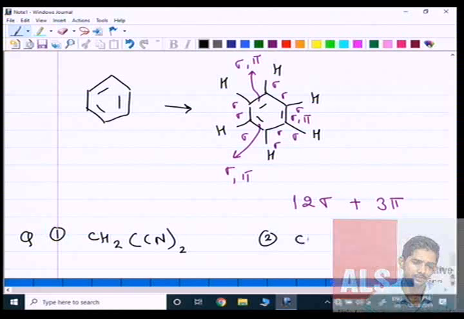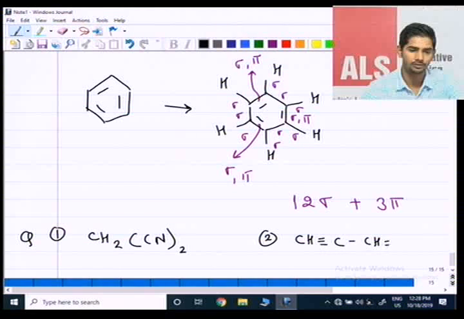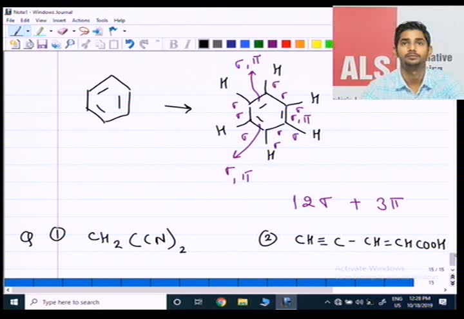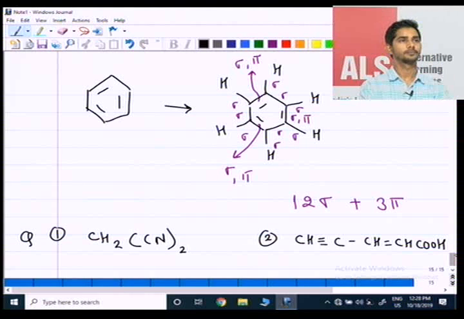The second question is CH triple bond C, CH double bond, CH, COOH. Do this question.